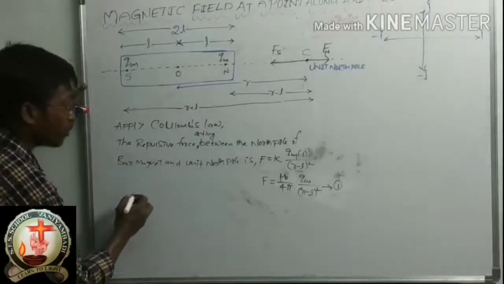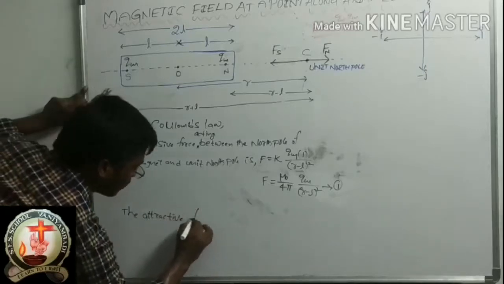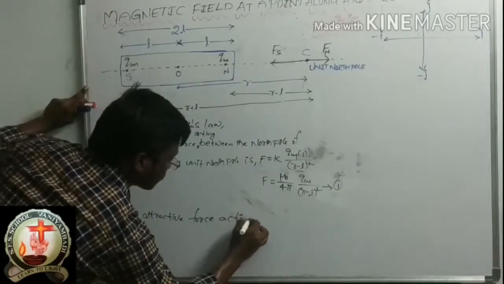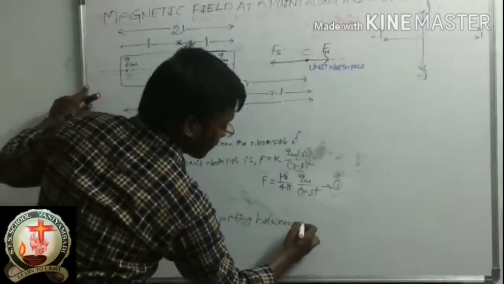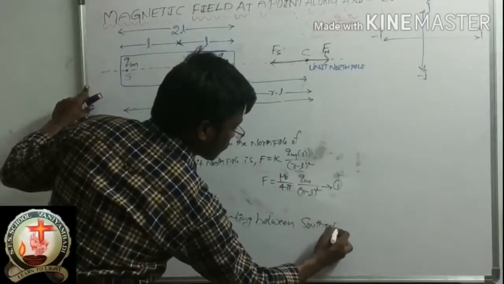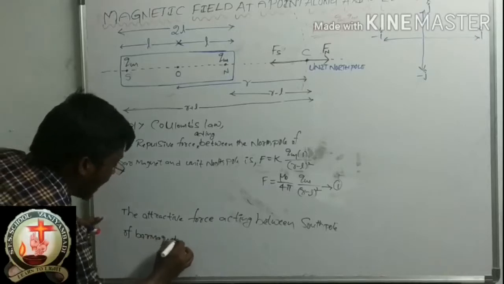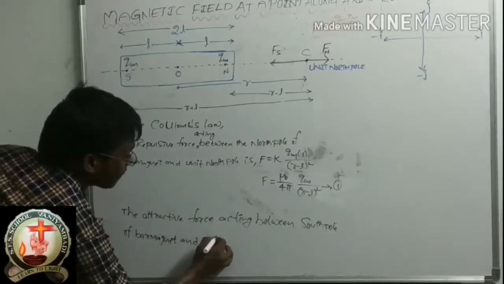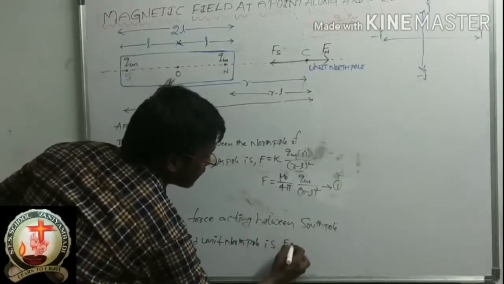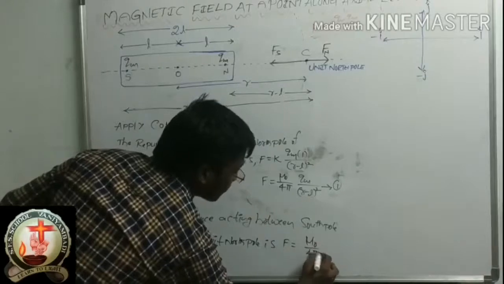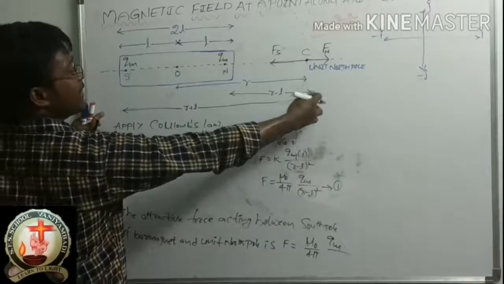Okay. So, the attractive force acting between the south pole of bar magnet and unit north pole is F is equal to mu naught by 4 pi Qm by, here in the place of r minus l, what will become? r plus l, because the distance between point C and S, how much?